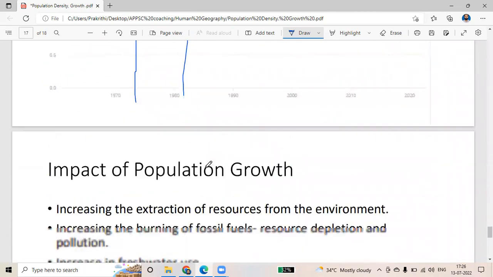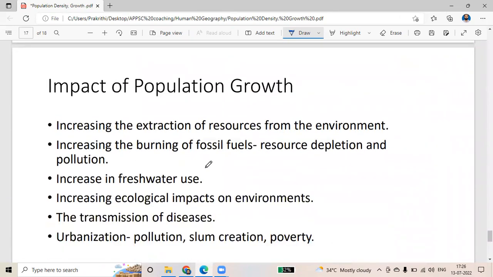Now, final one is impact of population growth rate. So major impacts are increasing the extraction of resources from the environment. ये बोलने से सब हो गया. Whether it is water, whether it is mineral, whether it is forest, whatever it is.